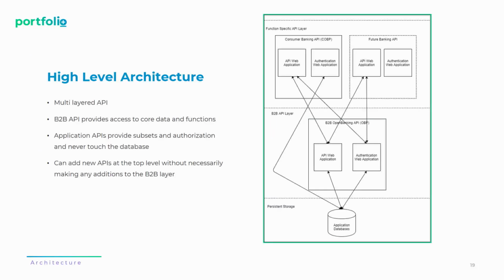So I'll talk a little bit about the high-level architecture of our application, just to give you an idea of what we've done. The diagram there came out a bit smaller than I hoped. What we ended up with was a multi-layered API. I should say each one of the boxes there is a PaaS-OE instance. Inside each PaaS-OE instance are two web applications.